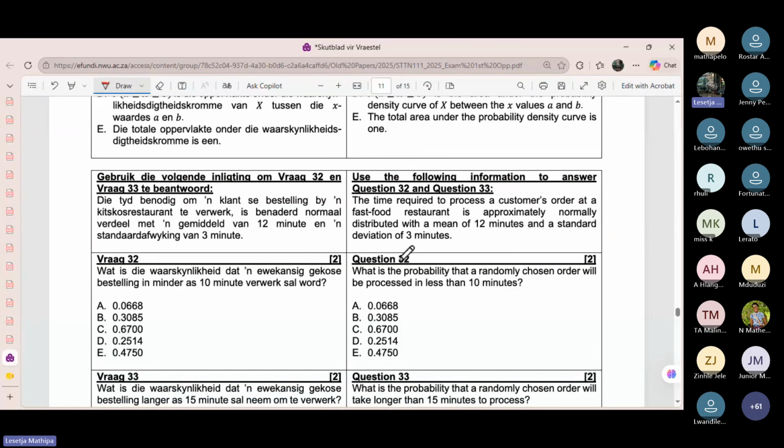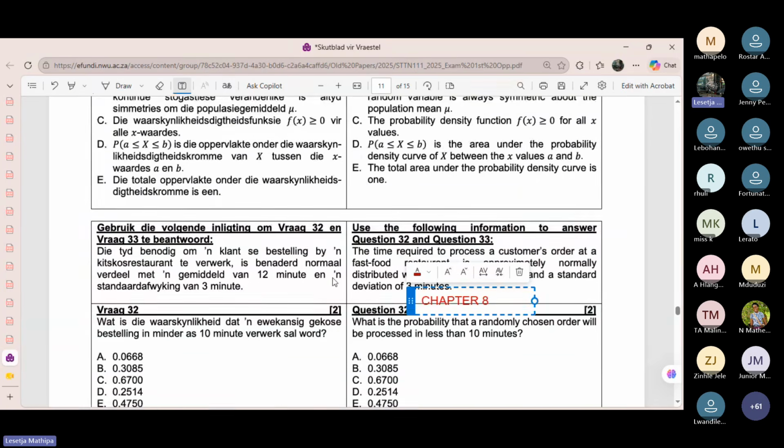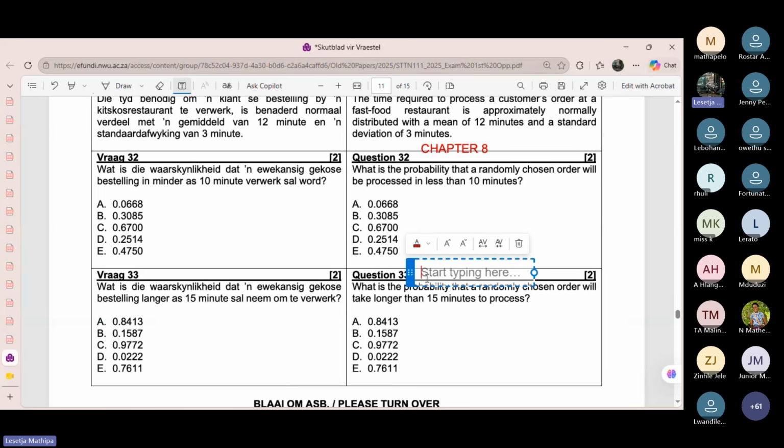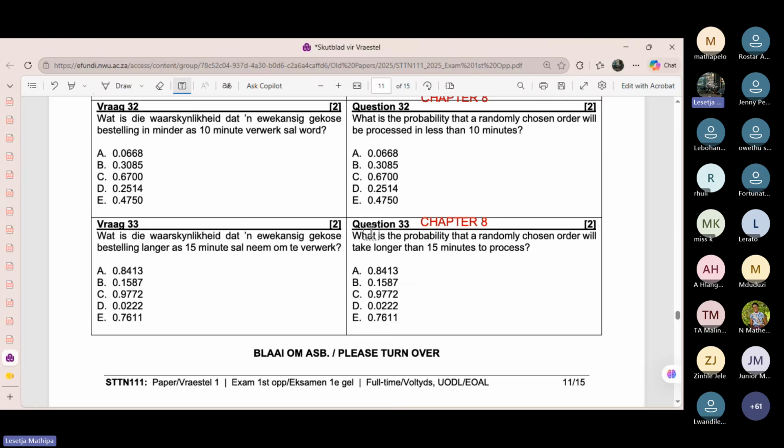Okay, from question 32, ne? Chapter 8. Which question do you want me to explain now? Starting from question 32. Again, now we are done with that one. The one we have to find the transformed x values. Then the other questions are theory questions. So from here to question 32, which question do you want me to explain? Question 32, question 33, the one that you feel like you don't understand.